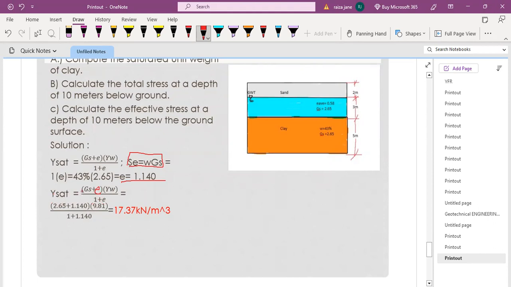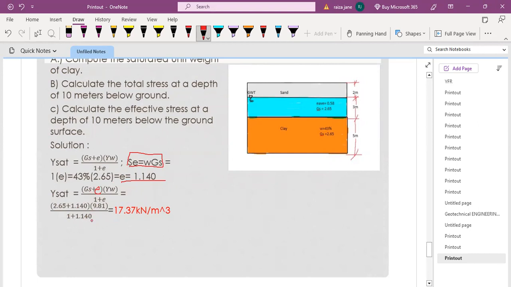I-substitute lang natin yung value. We'll have 2.65 plus yung nakuha natin na 1.140 multiplied by 9.81 over 1 plus 1.140.